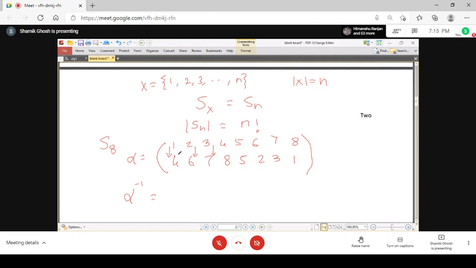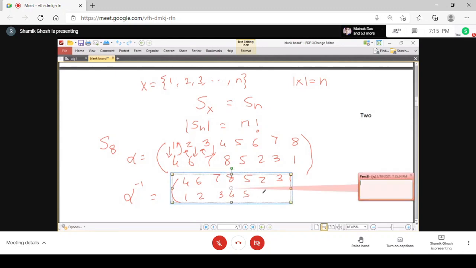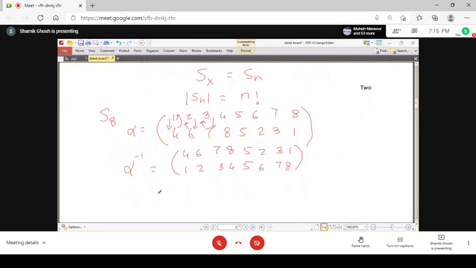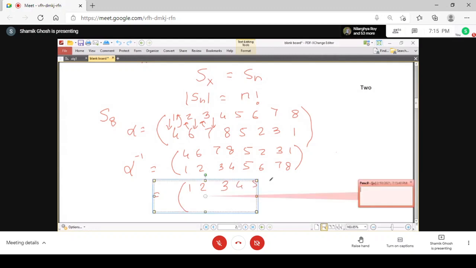Just the opposite. Under the inverse mapping, 4 will go to 1, 6 will go to 2, 7 will go to 3, and so on. So the inverse is nothing but just inverting it, and then we arrange according to our notation to keep the first row in the order 1, 2, 3, 4, 5, 6, 7, 8.